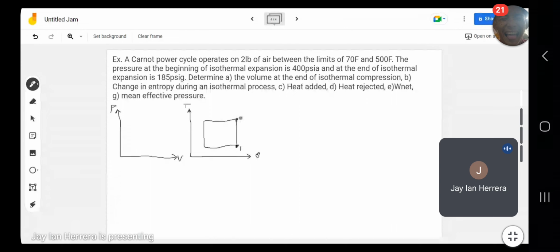So the PV diagram goes like this. At point 1, compressing at point 2, compressing at point 3, expanding at point 4. Curve yan, walang straight.